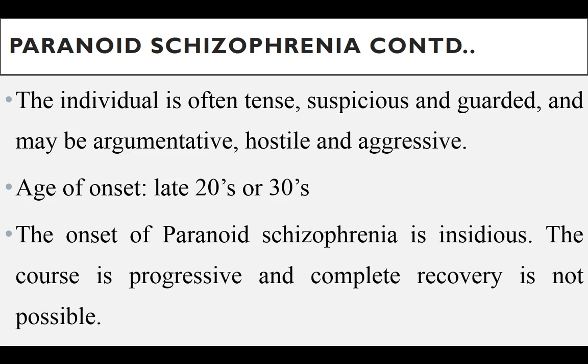Think again of the disturbances in thought, in perception, in affect. Do not forget those main signs of schizophrenia, and you will call it paranoid schizophrenia only if he has persecutory thoughts, and is tense, suspicious, and guarded, all this.